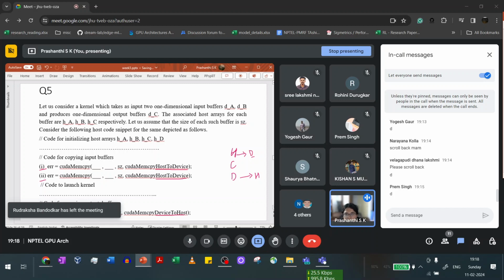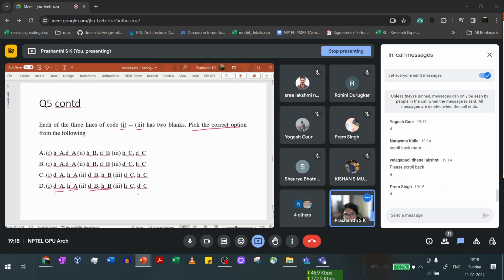And finally, after processing, you're processing A and B, and then putting your result to C. So here you'll notice that the copy direction is reversed. It's device to host, so your destination and source will also be different from 1 and 2. So the answer will be H_C comma D_C. Basically you're copying from device to host.